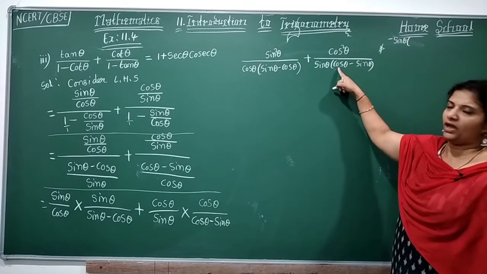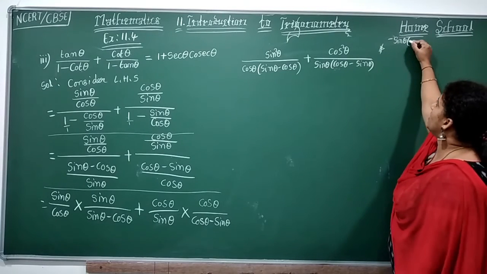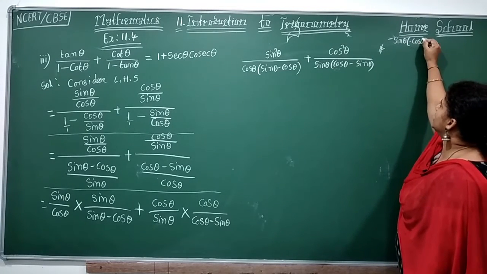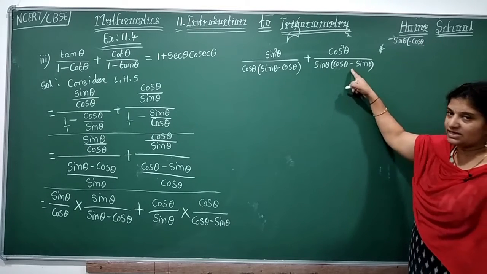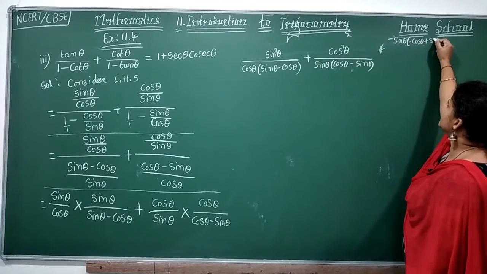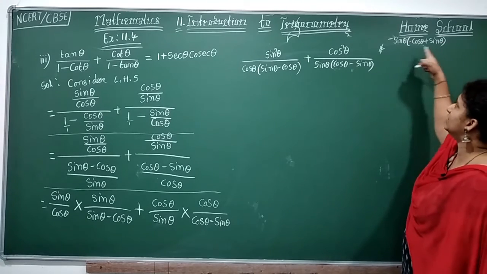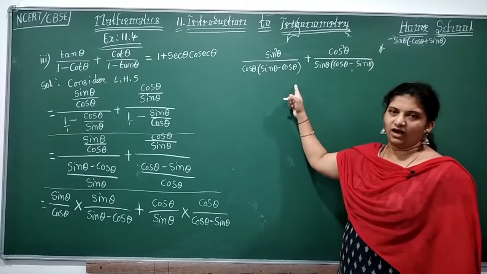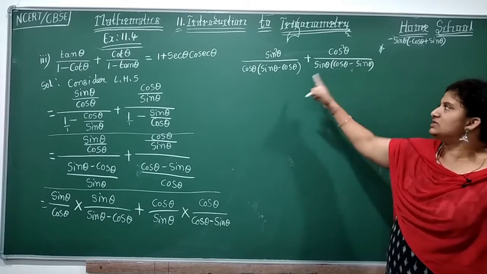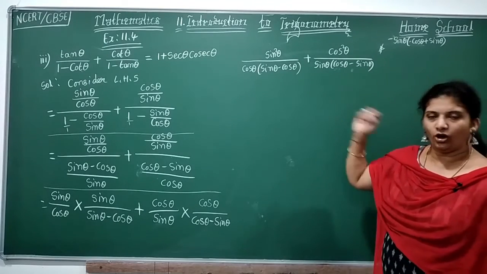Okay. Plus cos theta, it will be minus cos theta. And here minus sin theta becomes plus sin theta. Here you go. Look here carefully. You got sin theta minus cos theta. So for this change, we are taking a negative common.